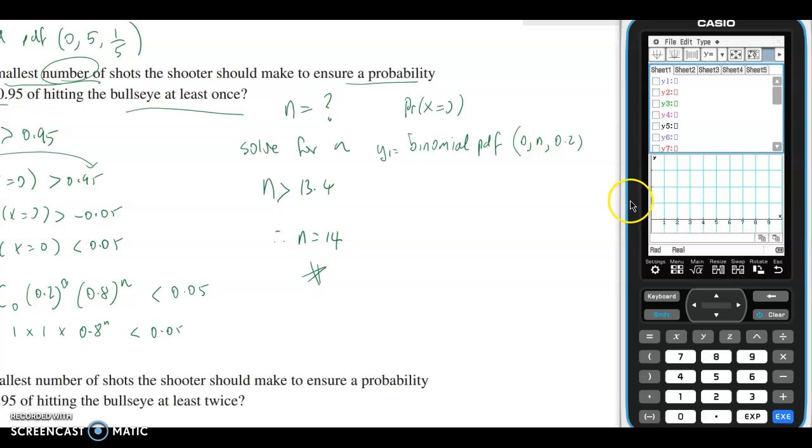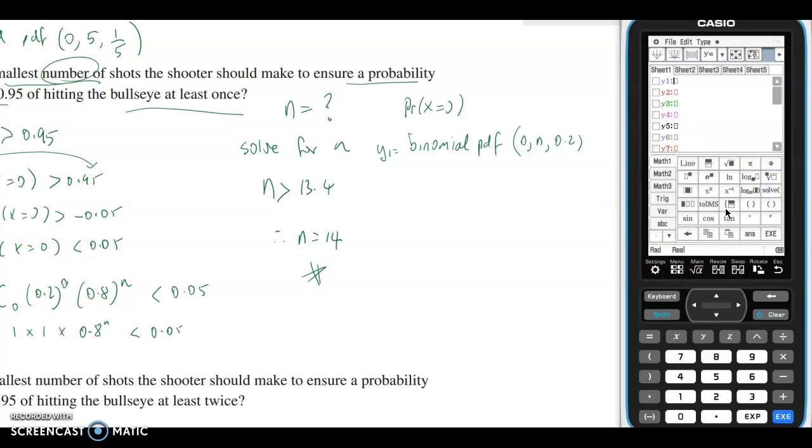Okay, to get the binomial, you need to bring your keyboard up. So let's bring the keyboard up. We actually need to go diving deep into here. We've got binomial down here somewhere. And there it is, Binomial PDF. And we're going to input that. Oh no, I did the wrong one, didn't I? So how about we clear that?